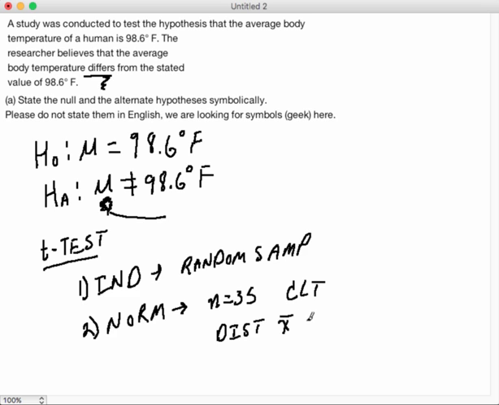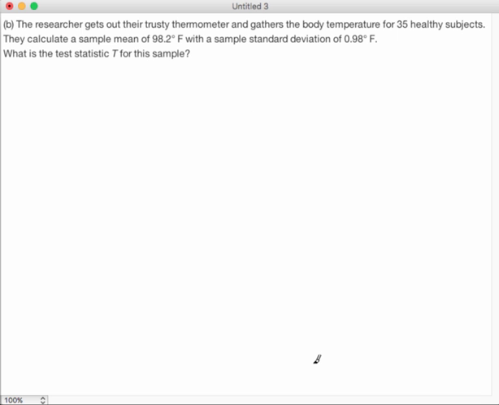So since the distribution of x bar is going to be approximately normal, the normality condition for the parent distribution is less important. In other words, if we've got a large sample size, it's not really necessary that we have a normal distribution that we're sampling from for these results to work. Okay, so that's pretty much what we got going in part A.